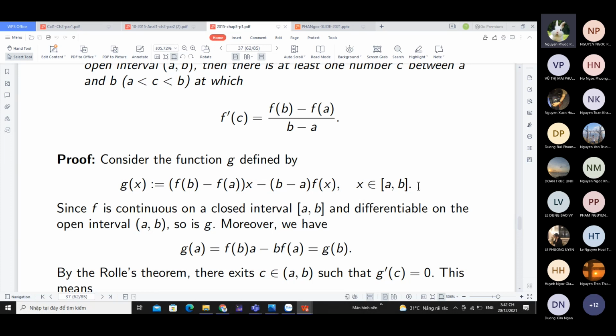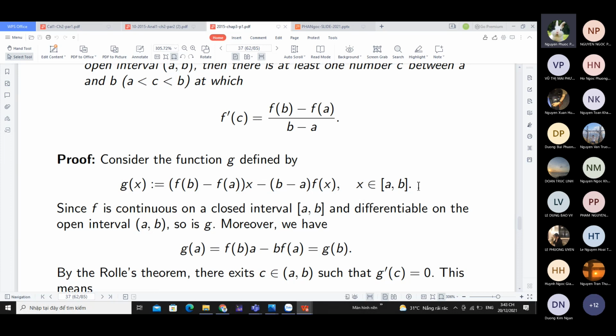That's why the function g is continuous on the closed interval [a, b], differentiable on the open interval (a, b). It means the function g has the same properties as the function f.